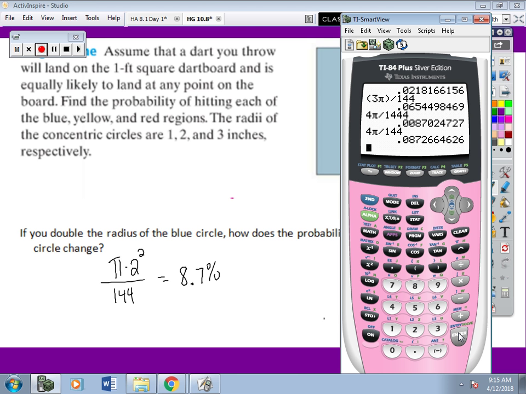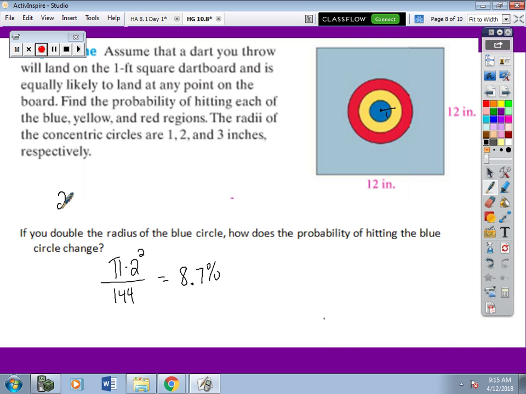How does that compare to the original probability, which we had up here, like 2.2? Remember, we rounded these answers, so they're not exact, but how do those relate? Brett? It's close to 4 times. Yeah. Why isn't it just 2 times larger?